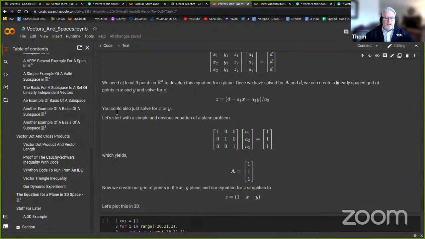So again, we'll just do a very simple problem. We're going to go ahead and define 3 points this time. And they're going to be 1 on the x-axis with 0y and 0z, and then 1 on the y-axis with 0x and 0z, and then 1 on the z-axis with 0x and 0y. I hope I said z-axis here. And then if we just say we want D to always be 1, then clearly A has to be 1, 1, 1.